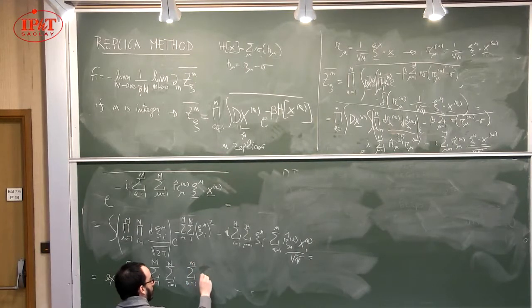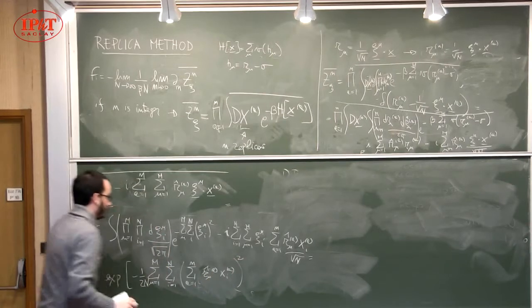Sorry. So here there is a factor n that comes from the square of this. Okay.